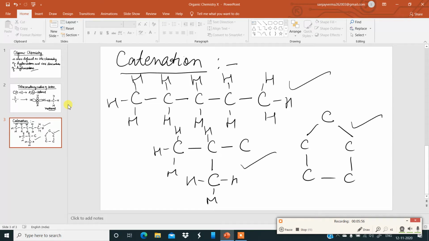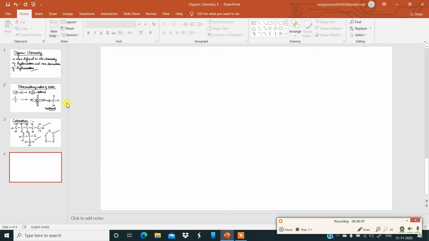Okay. Now carbon has a property of formation of multiple bonds as well. For this, let us take a few examples. Now it can form single bonds in the case of alkanes.